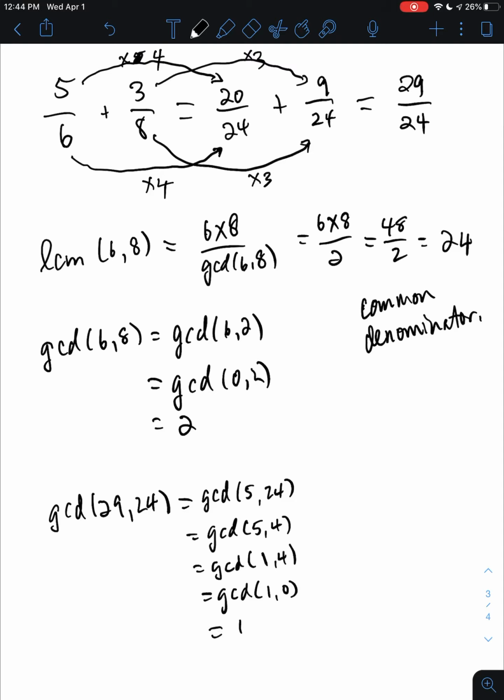So that is in least terms. And most mathematicians would say at this point we're done, but there is one more step that we might want to go through. Sometimes we have a fraction like this, 29 over 24.